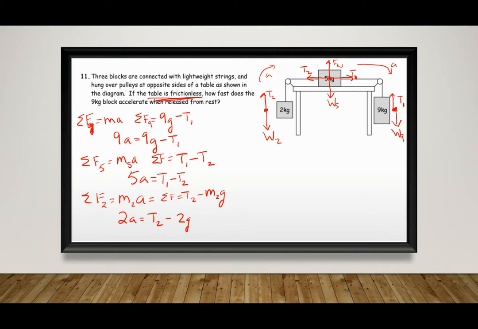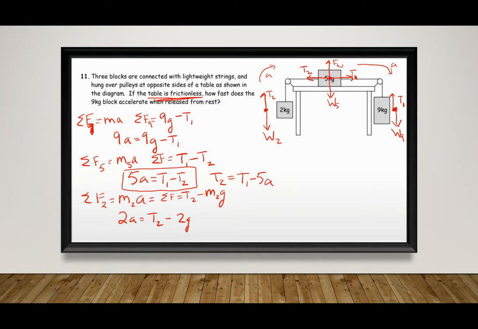Okay, so now I have 3 equations, but I have 3 unknowns. So I need to start solving for things. Why don't I start with the equation in the center and solve for T2. So T2 is equal to T1 minus 5a.